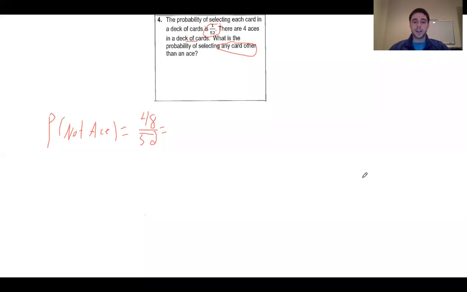How many cards are we drawing from the deck? So we're not drawing 52 cards, right? We're drawing any card from the deck, so we're only going to draw 1 card from the deck. If we're only drawing 1 card, what should our ratio be?